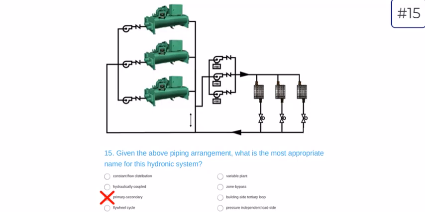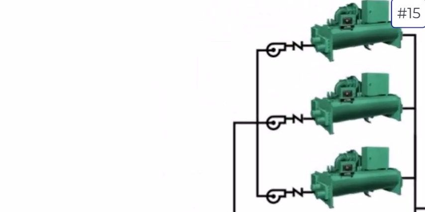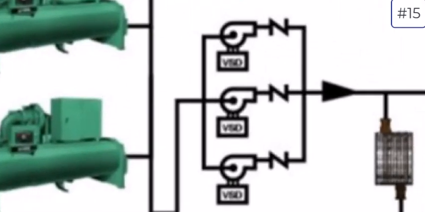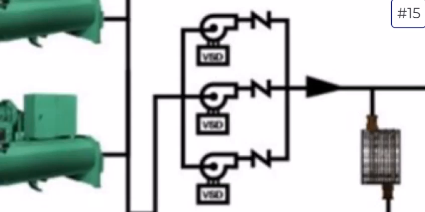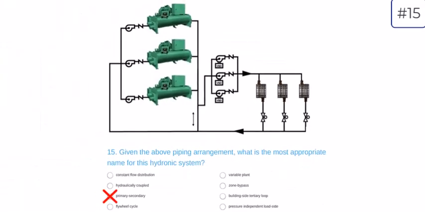But the most appropriate way we could talk about this system is constant volume primary with dedicated chiller pumps, variable volume secondary with the distribution pumps on a common header, and 3 coil loads that are all two-way valves. If we discuss the system in that way, we can all be on the same sheet of music for what those optimization, sequencing, and improvement opportunities are.